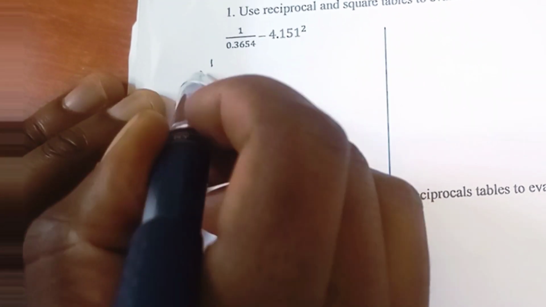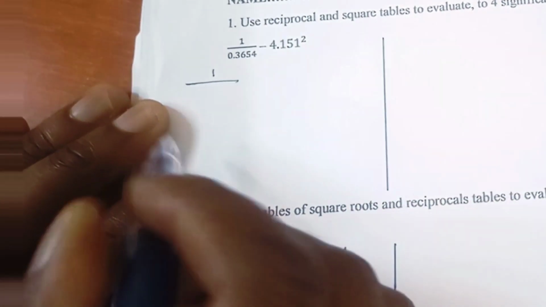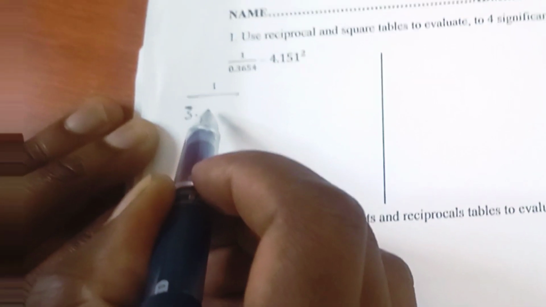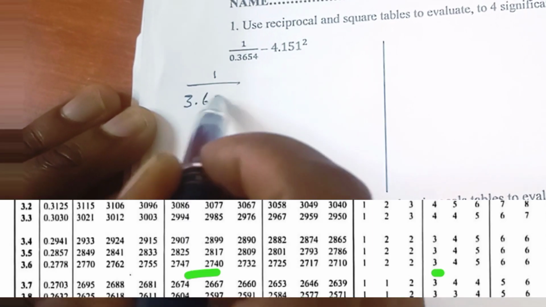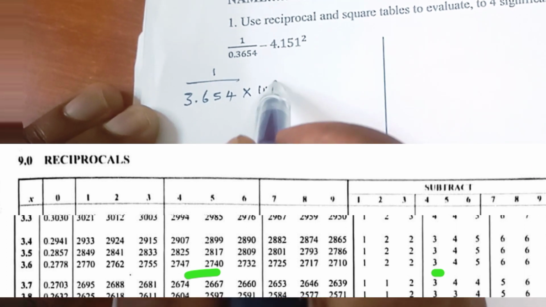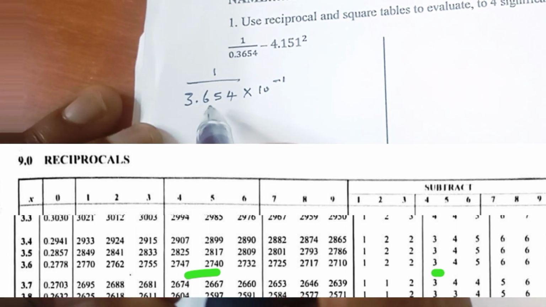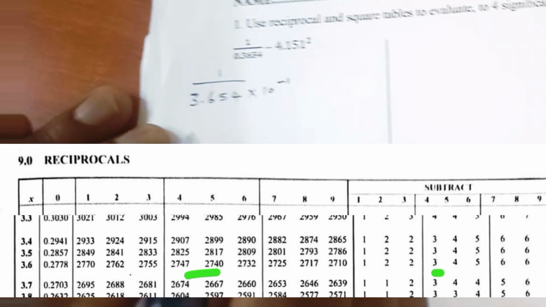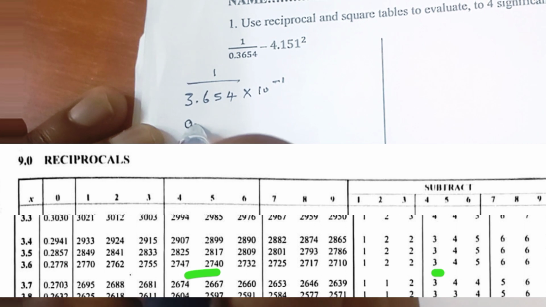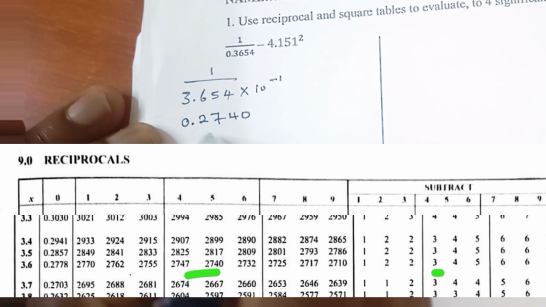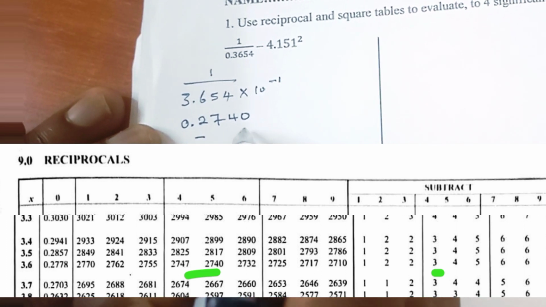And we have 1 divided by 3.654 times 10 to power negative 1. So from the tables, we are going to check the reciprocal of 3.65, and then on the column where we have 4, we are going to subtract.